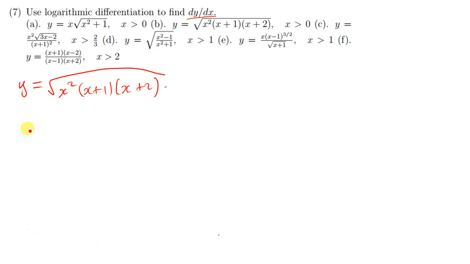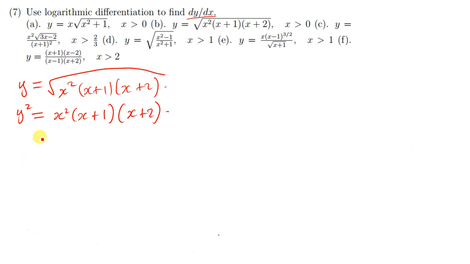So when we square both sides, we're going to have y squared this side is equal to, then this side, x squared open brackets x plus 1 and then also x plus 2 there. So I've just squared this part because I'm trying to simplify this expression as much as possible.